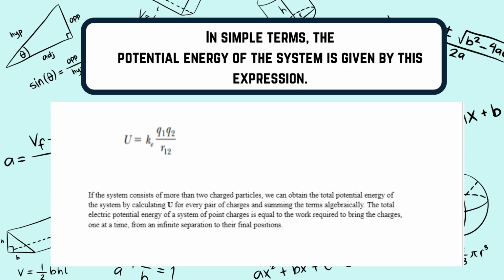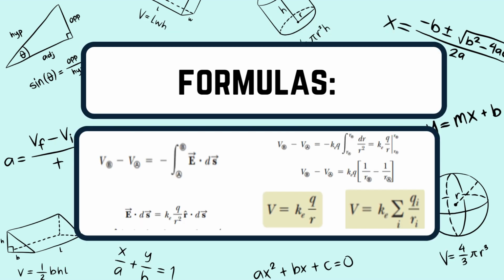Now, let's talk about the potential energy in a system of two charges. If V2 is the electric potential at a spot P due to a charge Q2, imagine bringing another charge, Q1, from really far away to P without speeding it up.